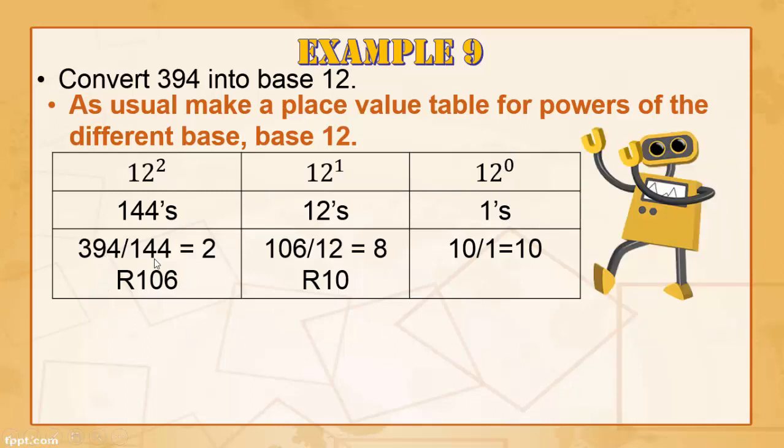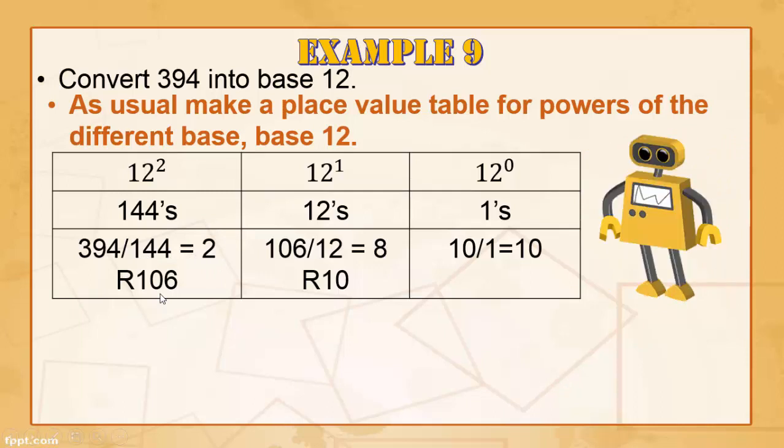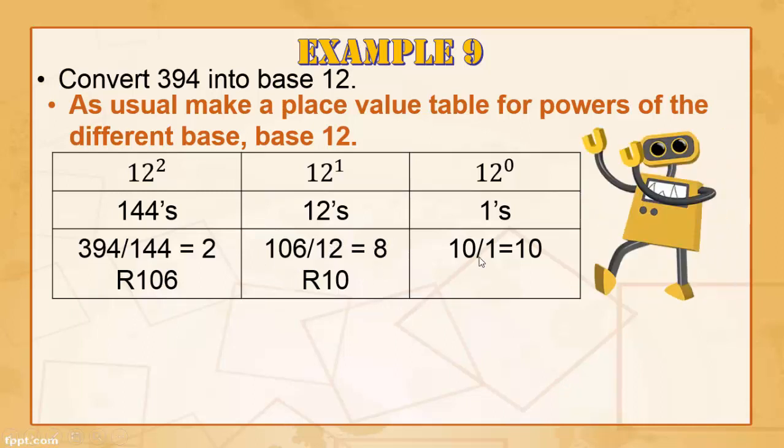Then we divide 394 by 144, and we get 2 remainder 106. Then we take 106 divided by 12, and we get 8 remainder 10, and then 10 over 1 is equal to 10.